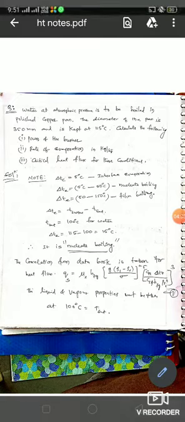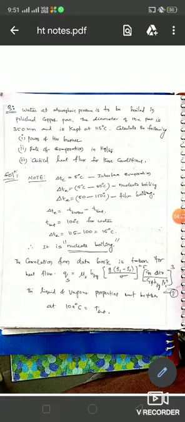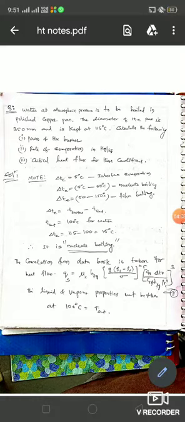The pan diameter is 350 mm and is kept at 115 degrees Celsius. The temperature of the pan surface is 115, which is greater than the saturation temperature of water at 1 atmospheric pressure. And further he is asking us to calculate the power of the burner, rate of evaporation, and critical heat flux. These three things we need to discuss.